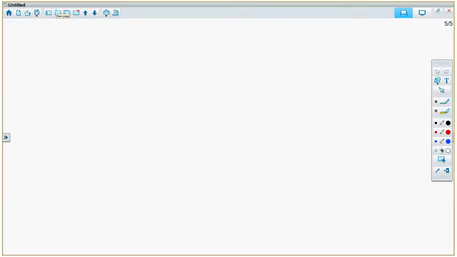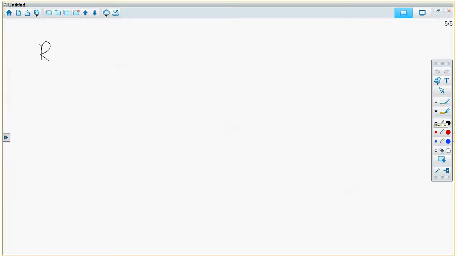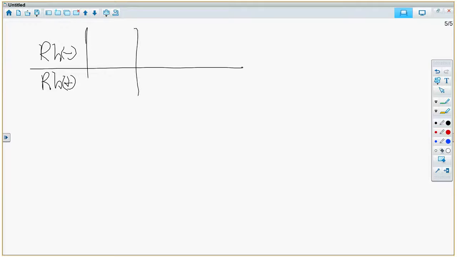All right, so RH negative, and I'm going to go ahead and give you the table, and RH positive. I'm just making this up. And the table will look like this. I don't know if there's 4 or not, I can't remember, but there's A, B, and O, and AB, right?